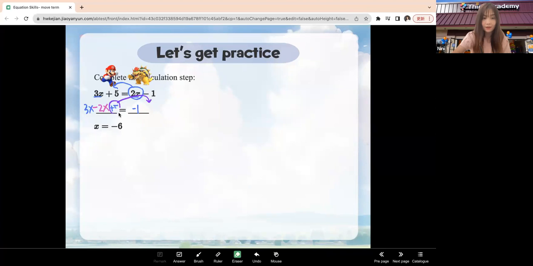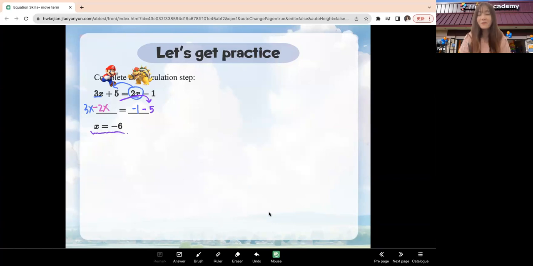As we move the +5 to the other side, it will become the opposite sign, which is -5. Okay? All right. So you see, as we move two terms around, we can get 3x minus 2x, variables on the left side, and the -1, -5, numbers on the right side. And naturally, we can get the final answer, which is written here already, x is equal to -6.